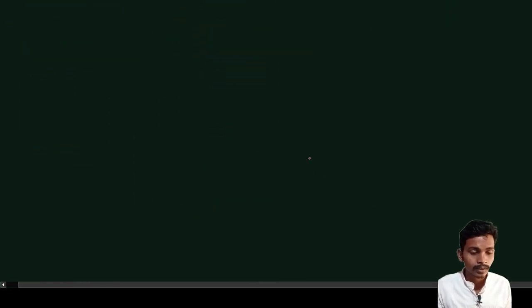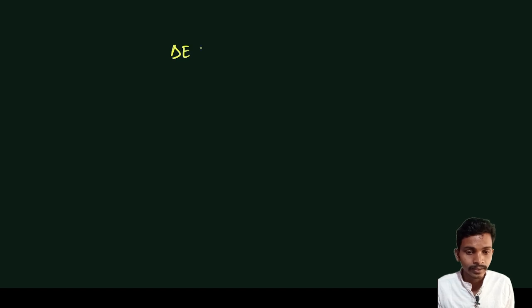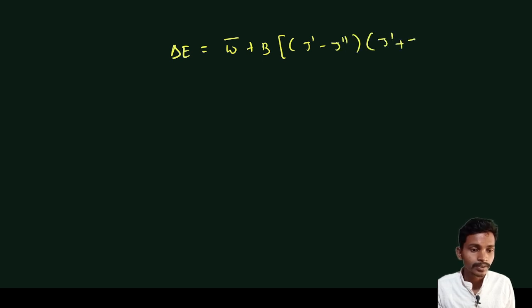Now the question is why the Q branch is possible here. Let's say we discuss that delta E equals omega naught plus B, times J dash minus J double dash, times J dash plus J double dash plus 1.